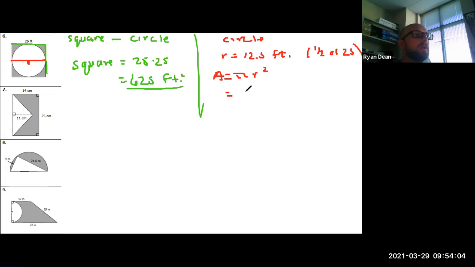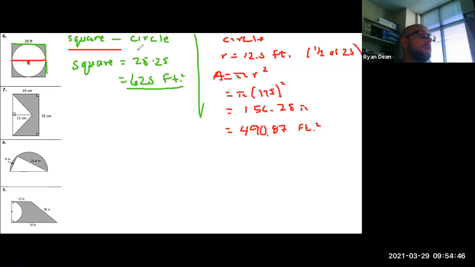We're going to keep the whole thing together. So I have pi times 12.5 squared. That's going to be 156.25 times pi. And when I multiply those together, that gives me 490.87. Again, it is in feet squared.